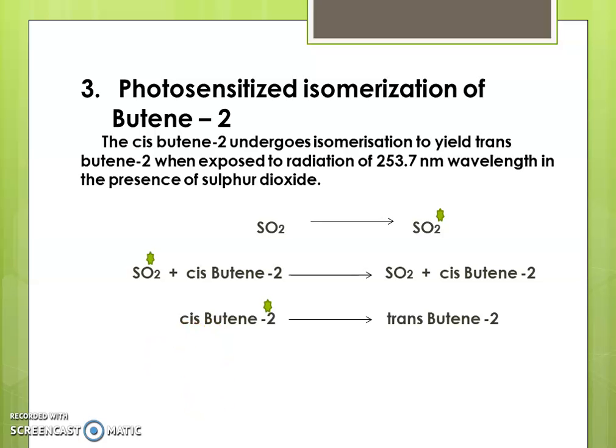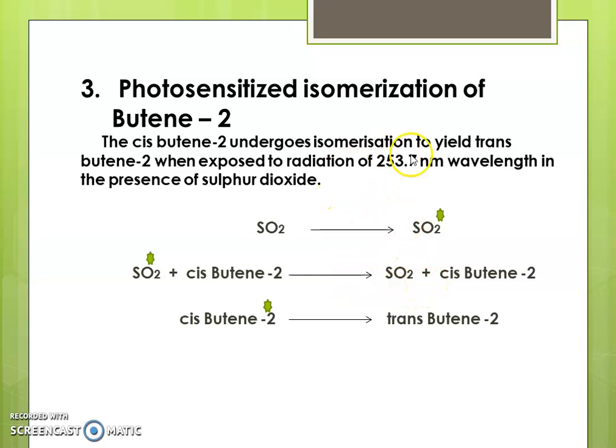Here SO2 is acting as a photosensitizer. That is, SO2 photosensitizes the isomerization of cis-2-butene into trans-2-butene.